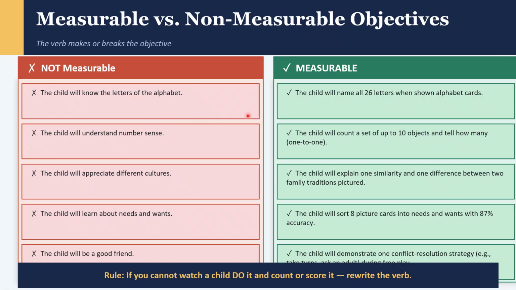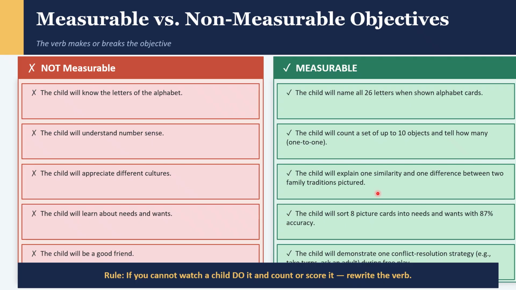So measurable and not measurable. You can take a minute and read down each side. So for example, the child will appreciate different cultures. I don't know how to measure that. What does that look like? How about the child will explain one similarity and one difference between two family traditions pictured? There we go. So that's a way they can tell me that they're appreciating different cultures.